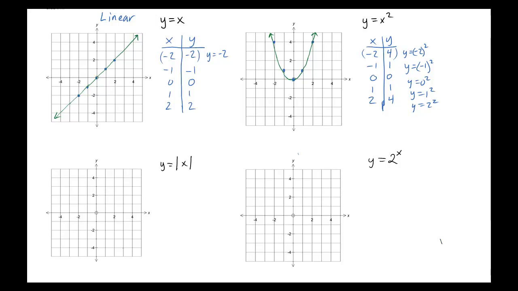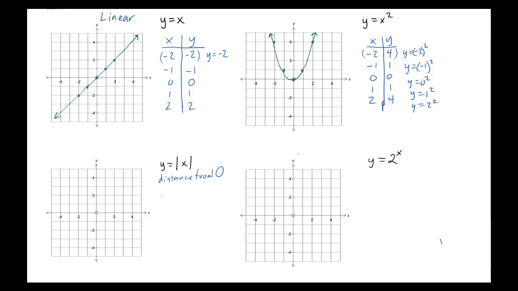All right, so now let's build the y equals absolute value of x. No, this is not 1 times x times 1. This is absolute value. Now, for those that haven't seen absolute value before, absolute value is defined as the distance from 0.